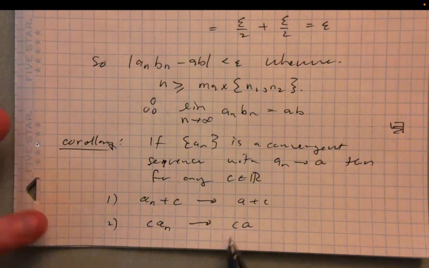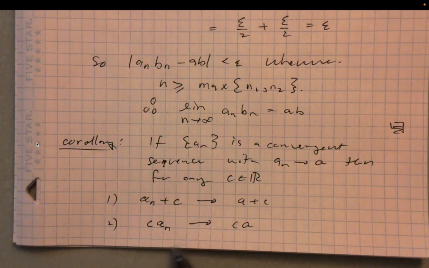So let's think about the second part here. In the previous theorem we had b sub n times a sub n, and we know that the limit of a sub n is a by assumption, and the limit of b sub n was b. Well, here, instead of b sub n being an interesting sequence, b sub n is just a constant sequence, c.